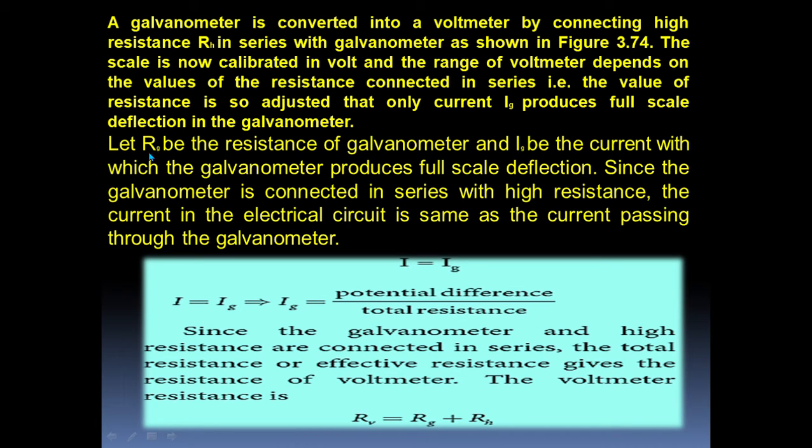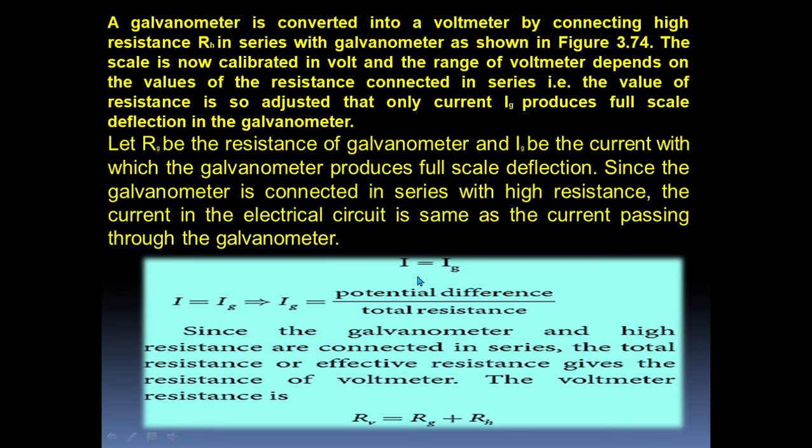Let Rg be the resistance of the galvanometer, and Ig be the current with which the galvanometer produces full scale deflection. Since the galvanometer is connected in series with high resistance, the current in the electrical circuit is the same as the current passing through the galvanometer.